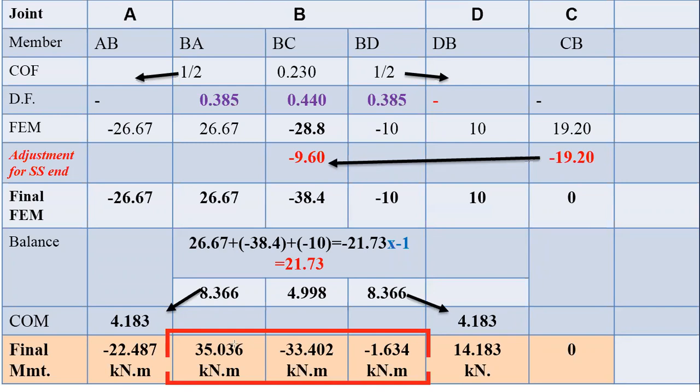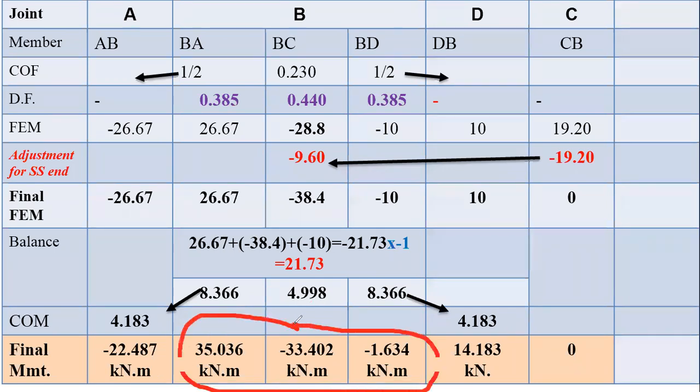There are 3 members, BA, BC, BD, and if you make the summation of these 3 moments, MBA, MBC and MBD, that is also 0. So this is the cross check. In the case of two members, you can directly observe MBA plus MBC is equal to 0, one is plus 10 and the other is minus 10. But here, as there are 3 members, the summation of 3 moments should be 0. If it is 0, your calculations are up to the mark. Correct. So these are the final moments we have got.